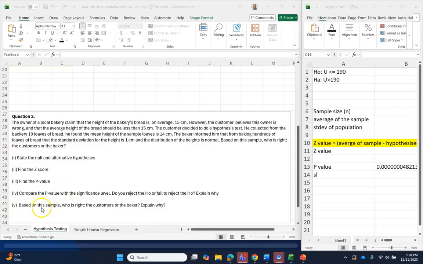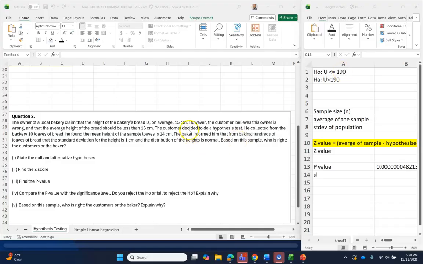And so here it says, based on this sample, who is right, the customer or the baker? And explain why. So in my case, the new study is correct, but the belief that was there before was not correct.